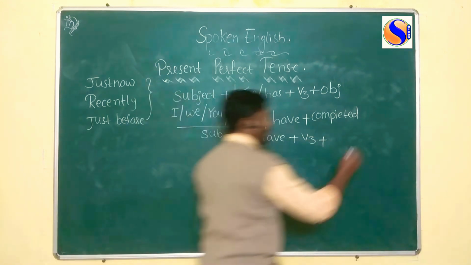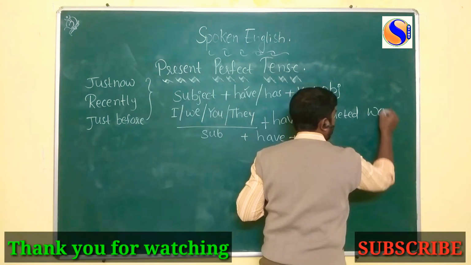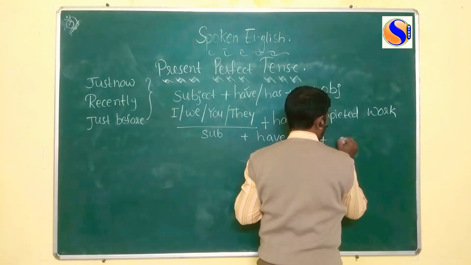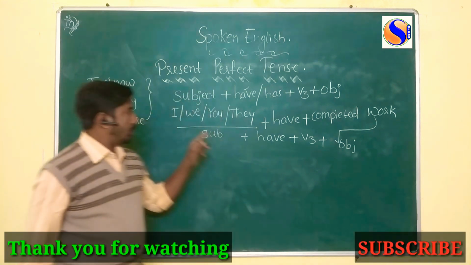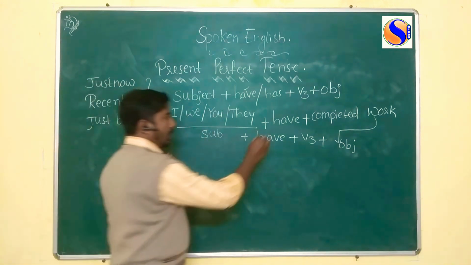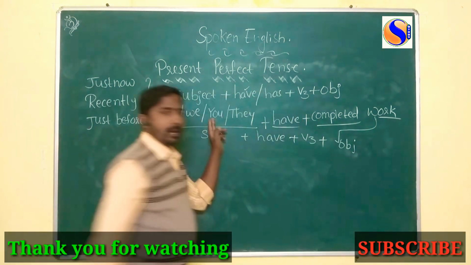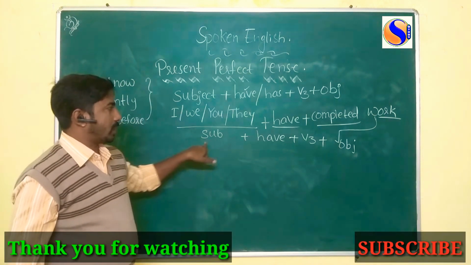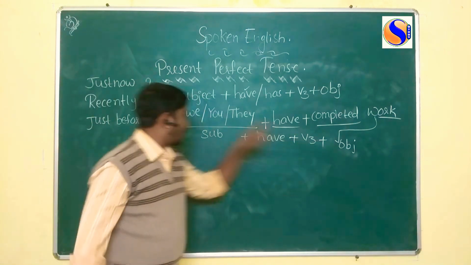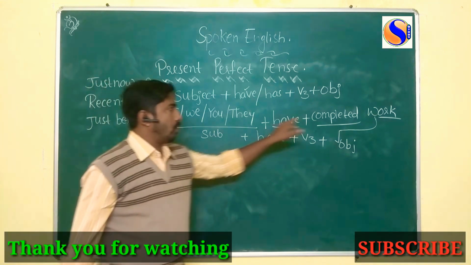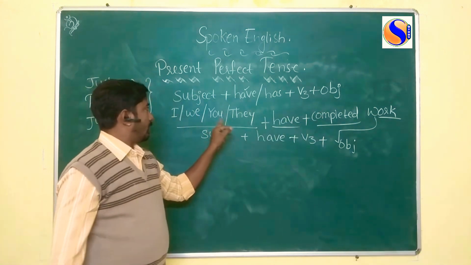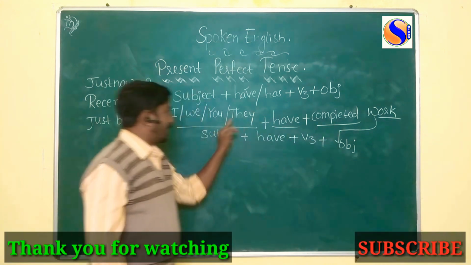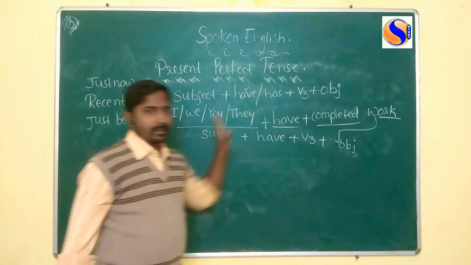So work is an object. Now let us compare this example with the structure. Subject plus have plus V3 plus object. I have completed work. We have completed work. You have completed work. They have completed work.